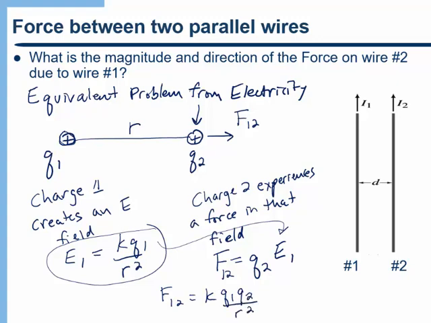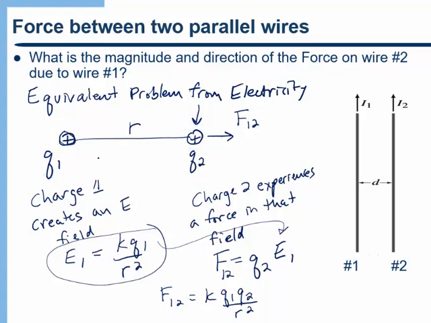We get back to Coulomb's law. Okay, so what was the point of that review? To remind you that the reason that charge 2 experiences a force is charge 1 creates an electric field. Charge 2 experiences a force because it's now in that electric field.